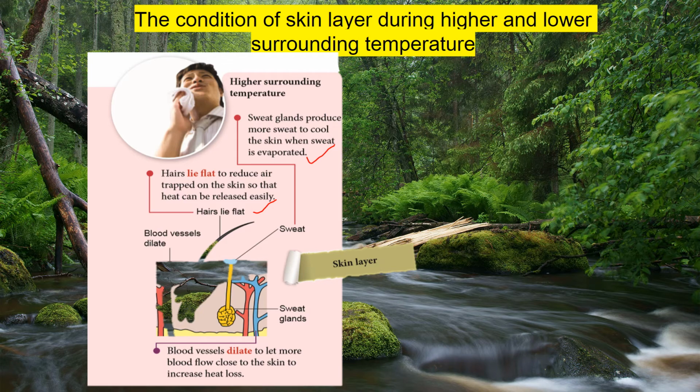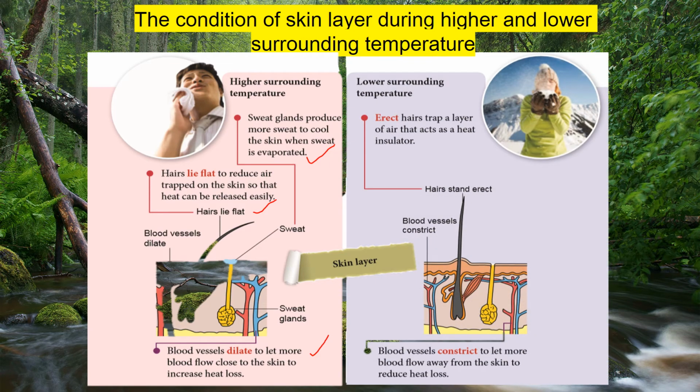And the blood vessels dilate to let more blood flow close to the skin to increase heat loss to surroundings. And this is what happens during lower surrounding temperature. Hairs stand erect, and blood vessels constrict to let more blood flow away from the skin to reduce heat loss.